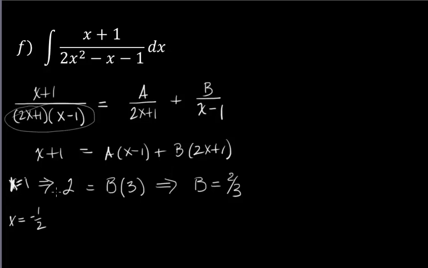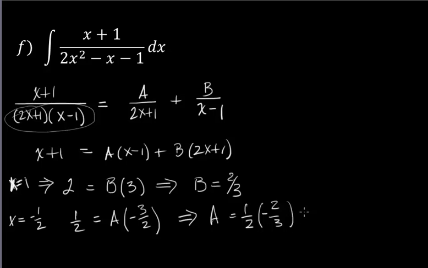So minus 1/2 plus 1 is 1/2 is equal to a times minus 1/2 minus 1 is minus 3/2 plus 0. So now we can just solve directly for a. A is equal to 1/2 times minus 2/3 or minus 1/3.